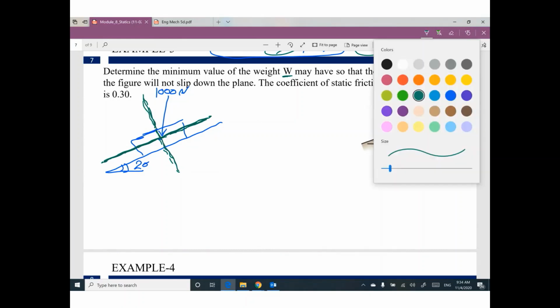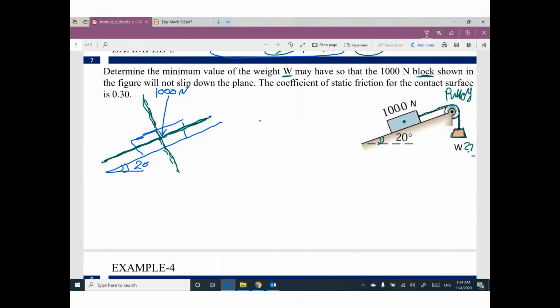We have a given angle theta equal 20, the same value here, 20. So we have a component of the weight here that will be 1000 sine 20, and a component here that will be 1000 cosine 20.